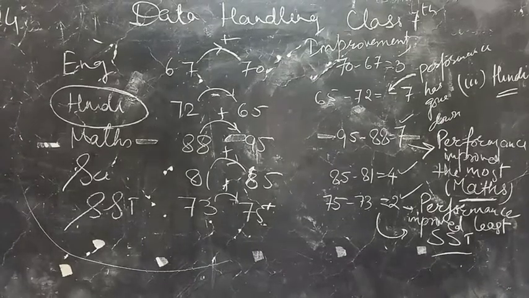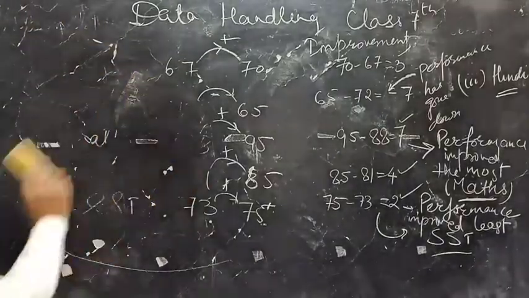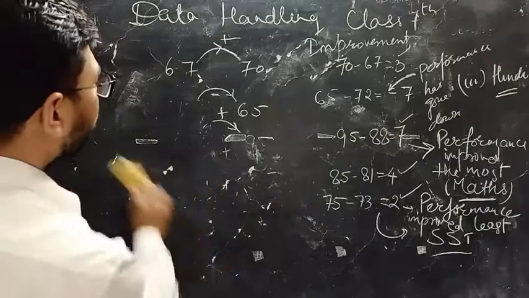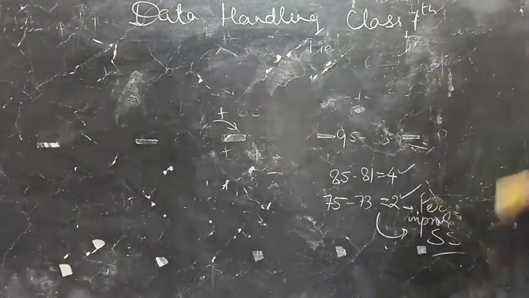Okay, if you have written this, I'm just rubbing this part, and now today I'm starting with another topic, probability. Now what is probability? Though it is just an introductory part, what is probability?